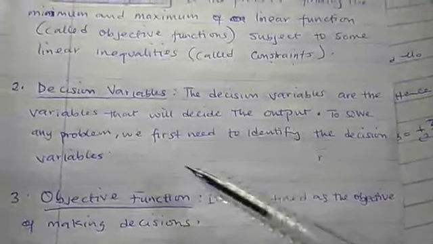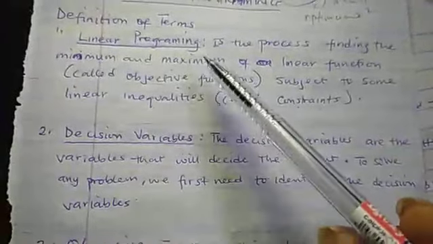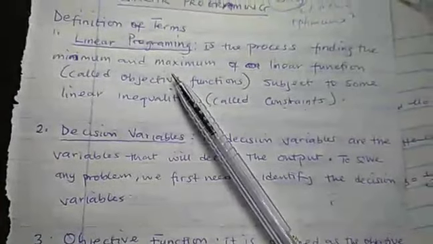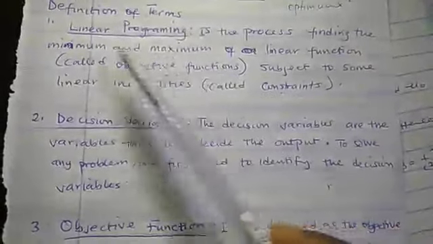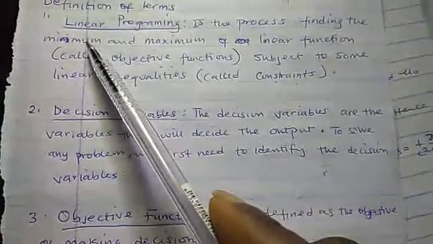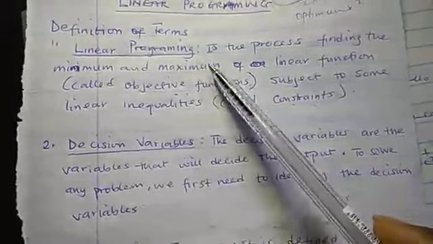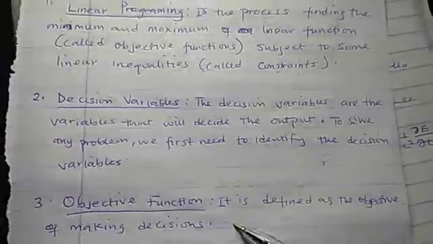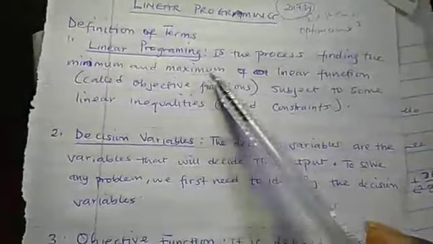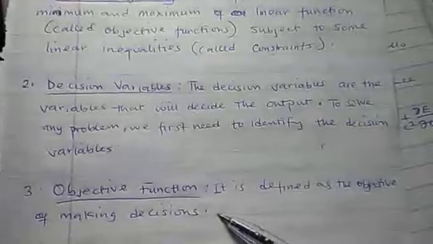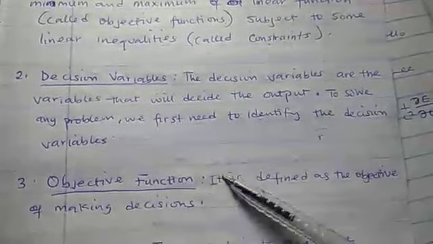For instance, in the application to business, we want to minimize cost or maximize profit. If I am to minimize my cost, then my objective function is cost. If I am to maximize my profit, then my objective function is profit. So we have to define our objective functions too.